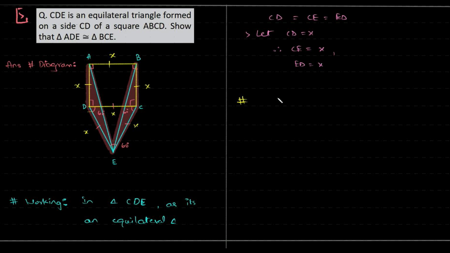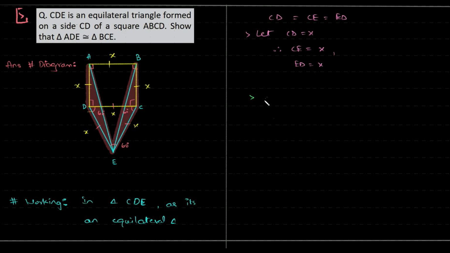Next thing is in ABCD, as it's a square, so we can tell that. Oh yeah, one more thing about this is the angles are equal to 60 degrees. Again, see, we are trying to write the obvious. I hope you guys are able to figure out why it is congruent. Along with that, you should also know how to present the answer.